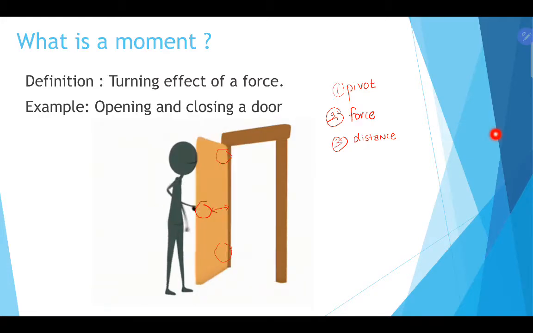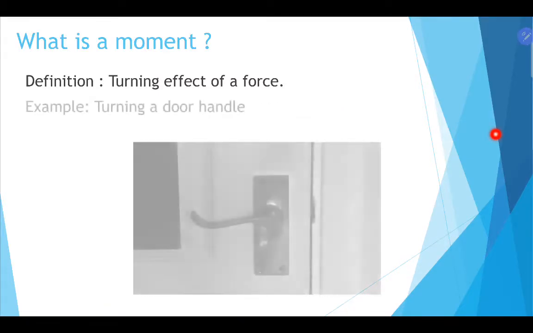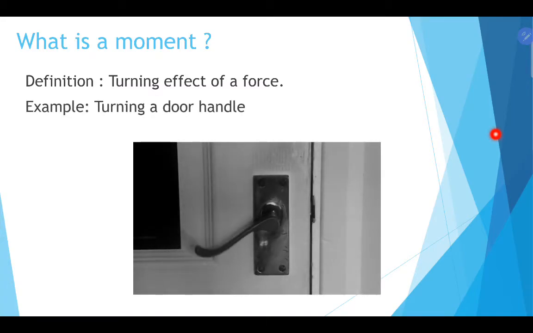Let's look at another example: the turning of a door handle. The first thing you need to look at, again, is the pivot. This is the center of where the turning happens. In this case, it would be here. Number 2 was the force. When you're turning a door handle, where do you apply the force? Of course, it's on the handle, somewhere here.